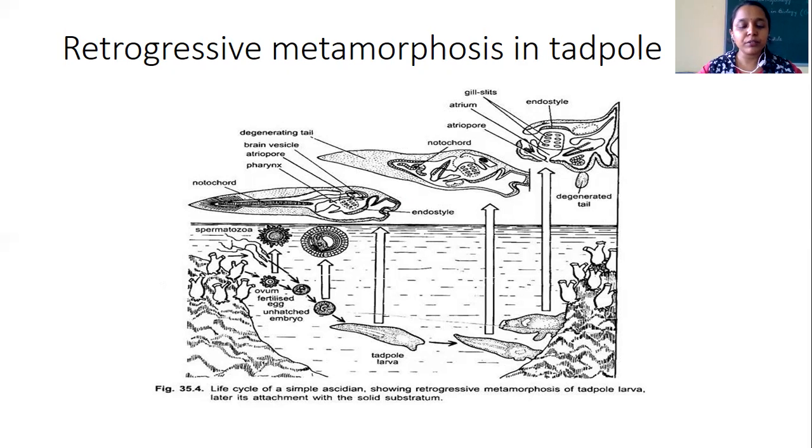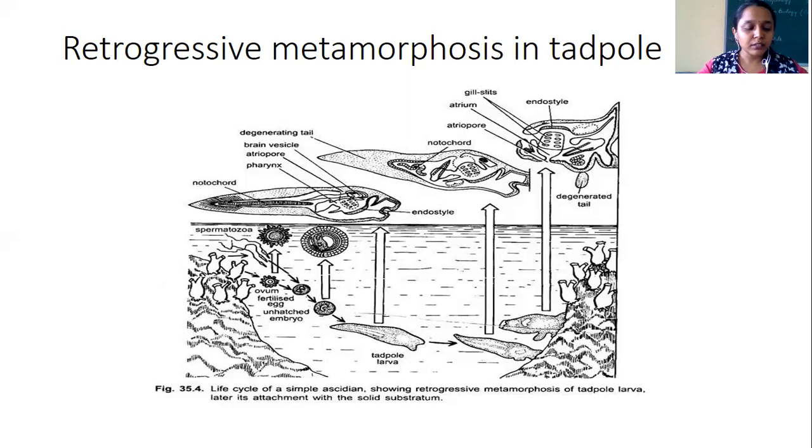Along with that, certain progressive changes are seen in the larval metamorphosis. Due to the loss of the tail, the body of the animal becomes pear-shaped, and larger ectodermal outgrowths form the four corners of the organism.